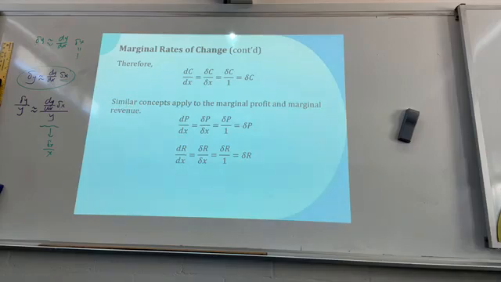So y is cost. Same with profit, and same with revenue. All right. Delta x is 1 per unit. So marginal cost, marginal rate of change, cost, profit, or revenue is 1 extra unit, the extra unit.